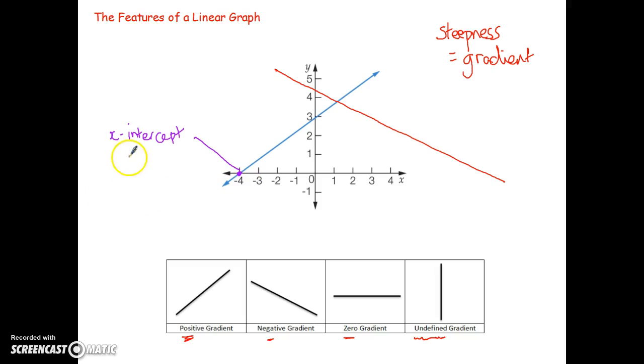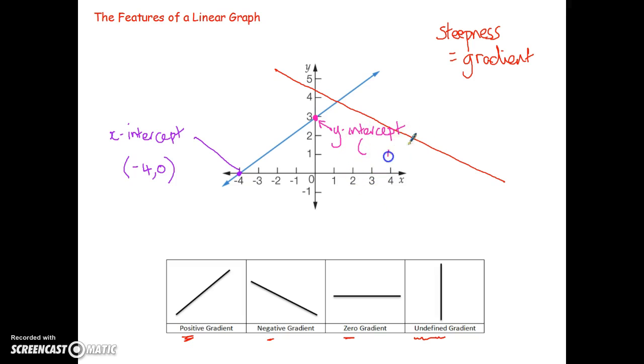And you can see here, this cuts the x-axis when x is -4, and the y value, remember the y value tells us how far up and down to go. It's at 0 because we haven't moved up or down. The other point we need is where the graph cuts the y-axis. That's there. That's our y-intercept.